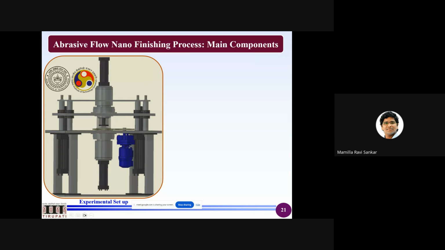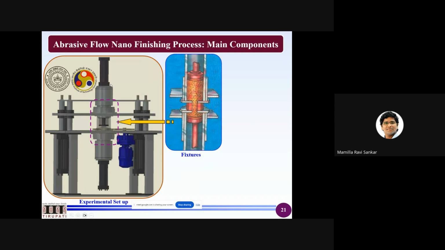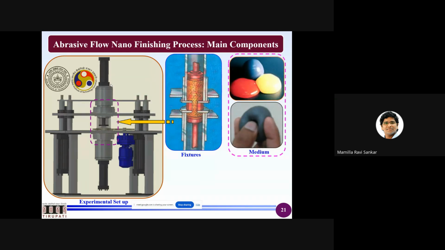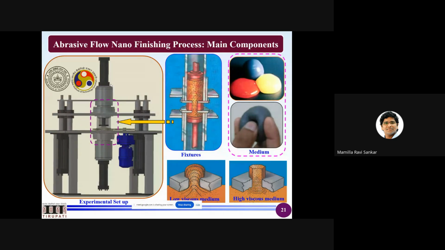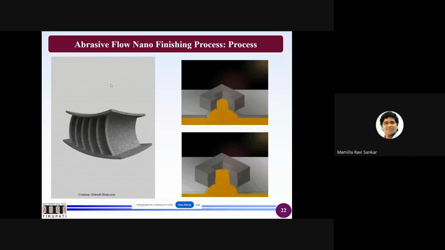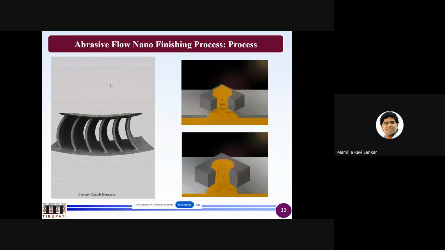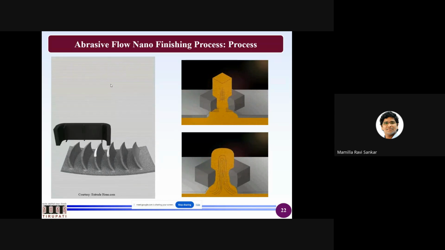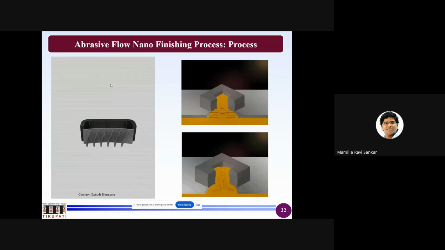This particular process has a complete setup, then the fixturing, then the medium. Most important is the medium that we developed. It ranges from high viscous to low viscous and so on. Okay, so how the additive manufactured component is going to be finished, you can see here. Just watch the video.